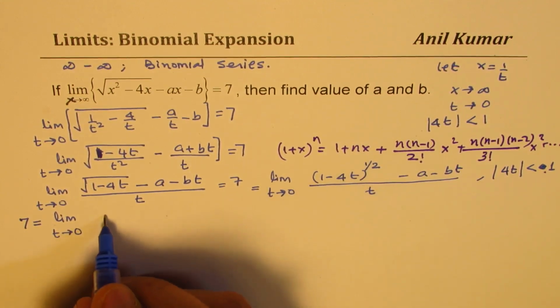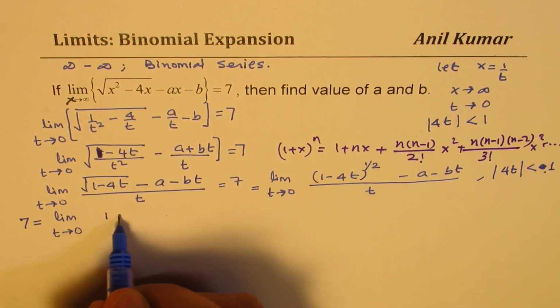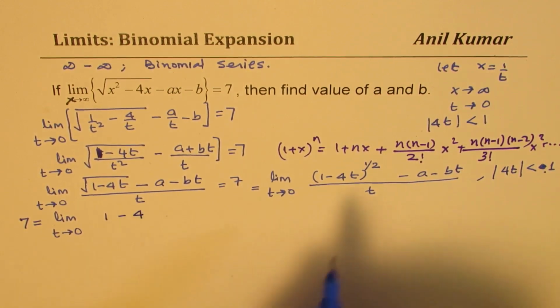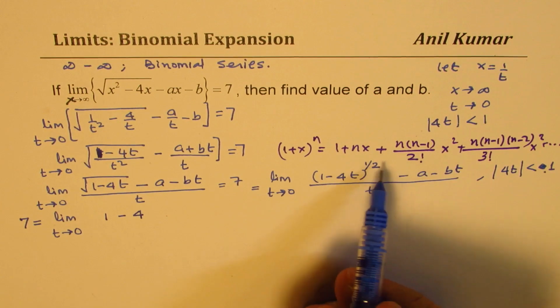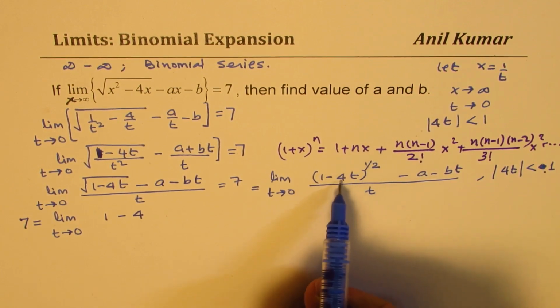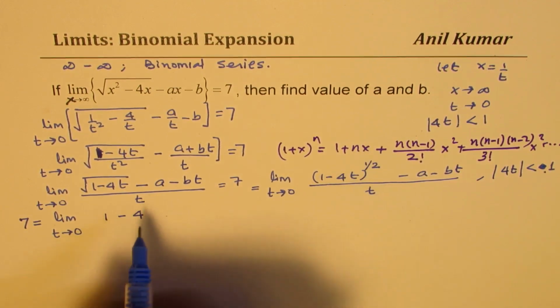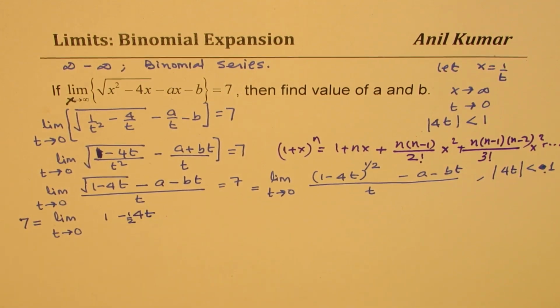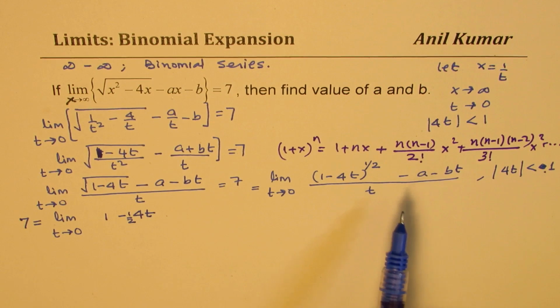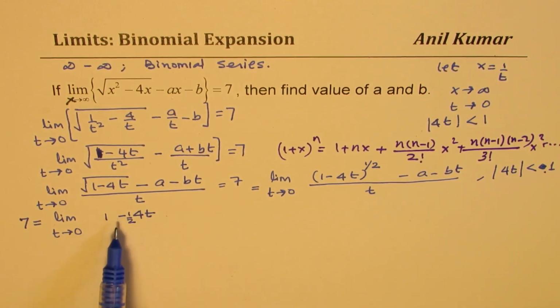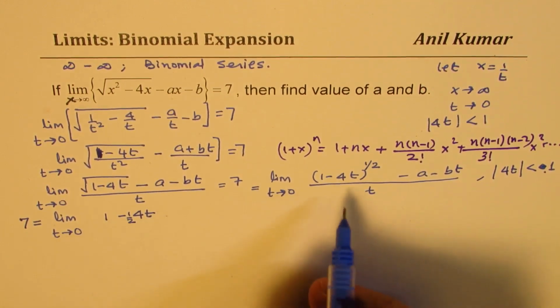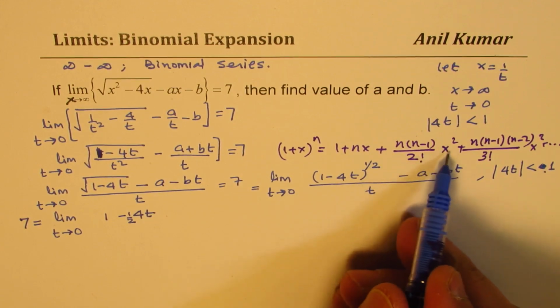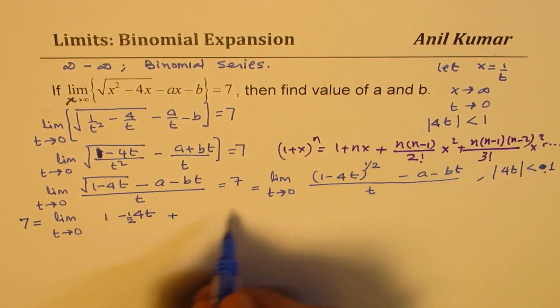So what we get here is 1 minus half times 4t, correct? So that is your first term. Then when this is an even power, it will be positive, here n is half.